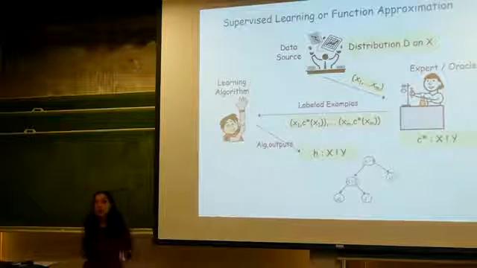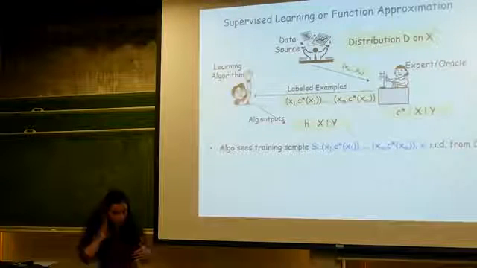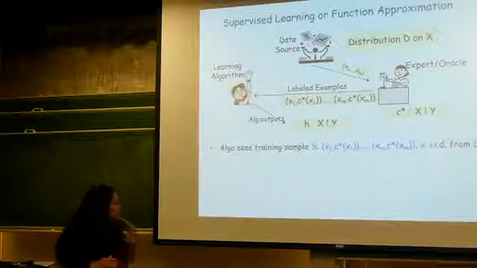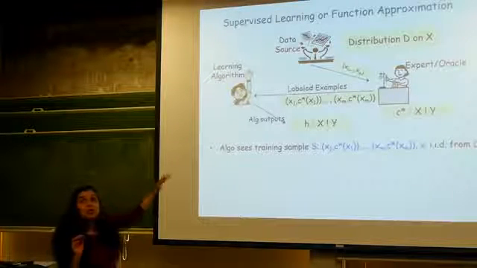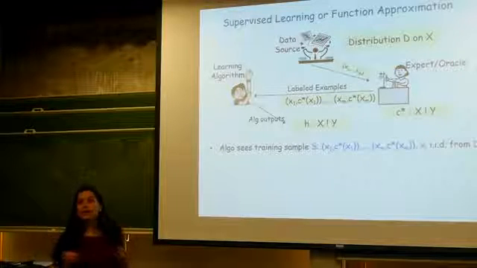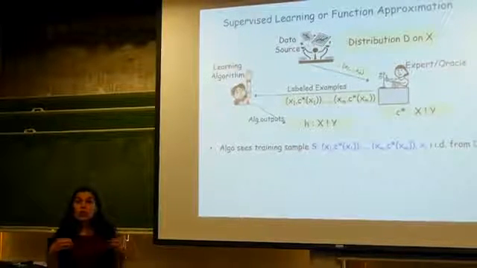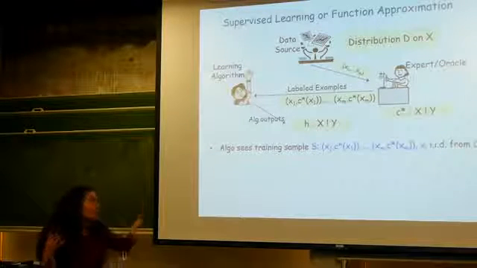Okay? So in order to formally talk about this, in most of the existing literature, we imagine that there is a distribution over the space of unlabeled examples. And we also assume that in the training phase, the algorithm gets to see a random sample of examples coming from the distribution.